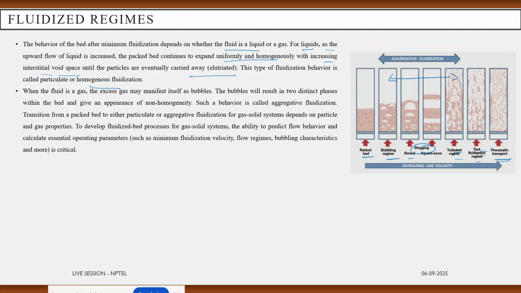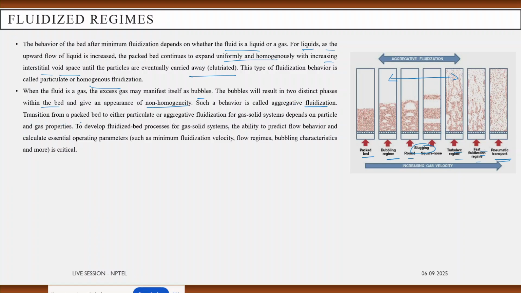When the fluid is gas, the excess gas may manifest itself as bubbles. The bubbles result in two distinct phases within the bed and give an appearance of non-homogeneity in the system. Such behavior is known as aggregative or non-homogeneous fluidization, also known as bubbling fluidization.